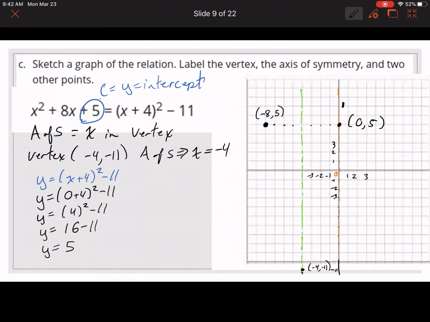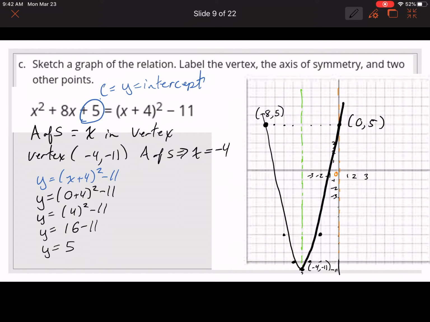So now, using this technique, we can sketch in our parabola. Another technique that would be even more accurate would be to use our pattern and know when we go over 1, we're going to go up 1. Then we go over 1, we're going to go up 3.